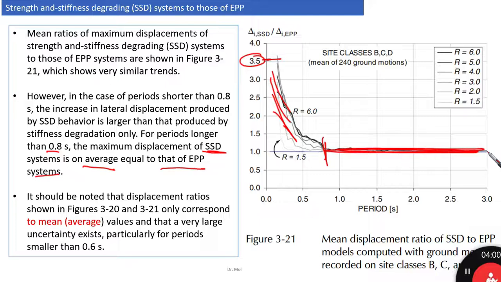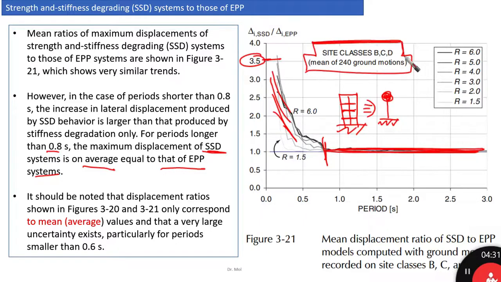Again, this is a very good conclusion for us, especially for those who are simplifying their models. If you have a model and you want to simplify it to a single degree of freedom system, and you are not sure which hysteretic rule you should use for conducting nonlinear time history analysis, then this slide provides a very good shortcut.